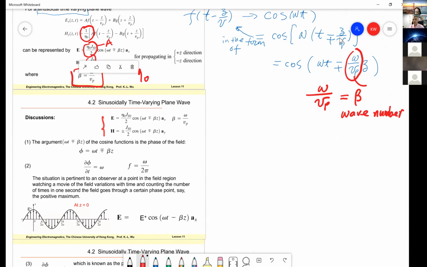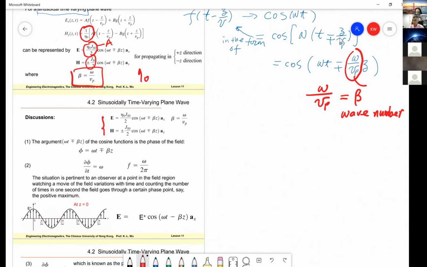Then we repeat this solution. Let's have some discussion on this. First of all, we define this as our phase, because this is called the phase of the field. How does the phase change with time? If we'd like to study how it changes with time, we take the derivative with time.